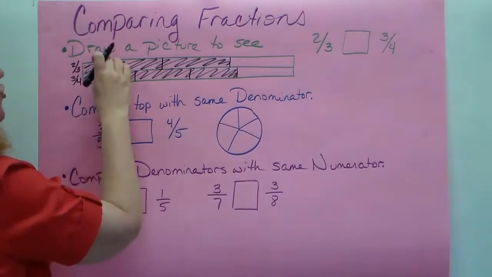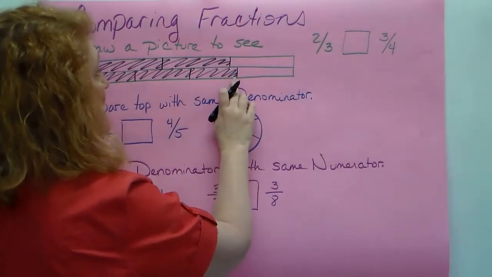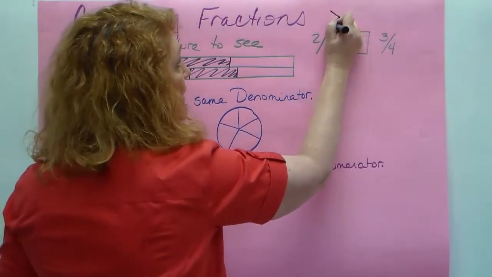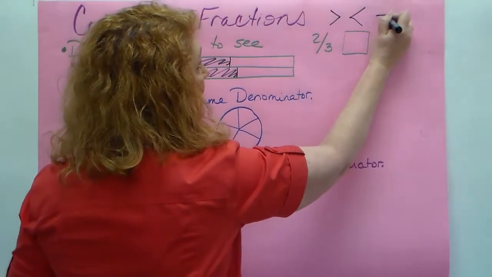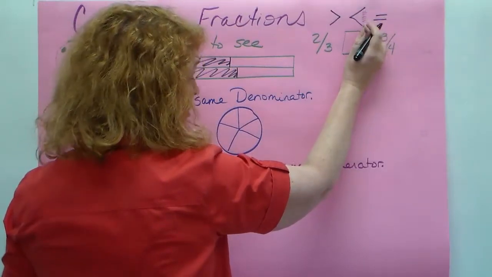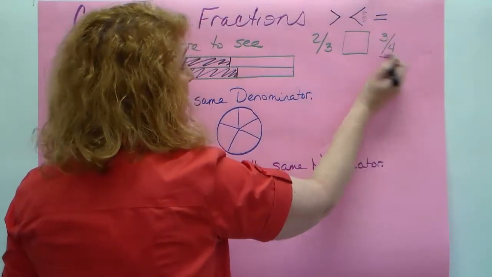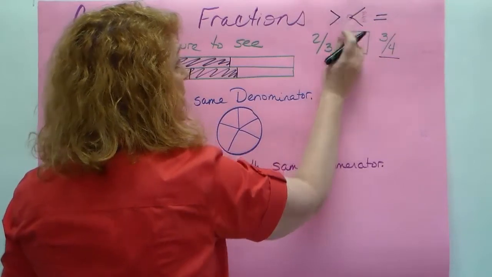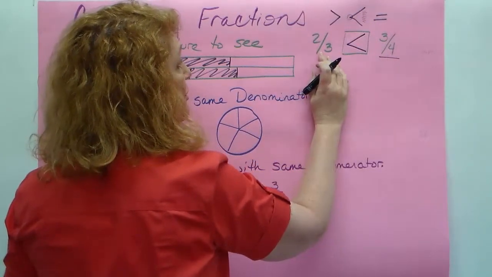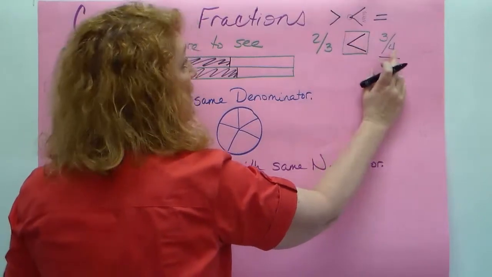If I draw a picture, I can see that 3/4 is bigger than 2/3. So I've got this sign, and this sign, and this sign. I want the big part to go by the big number, and the little part to go by the little number. So I'm going to put this in here, and this says 2/3 is smaller than 3/4.